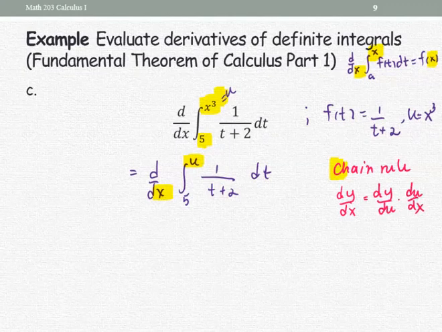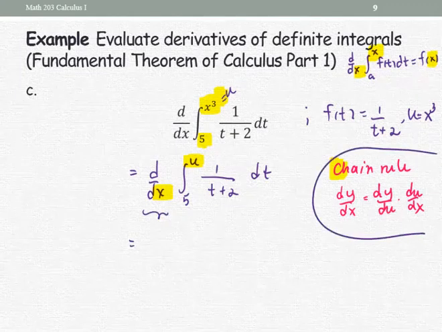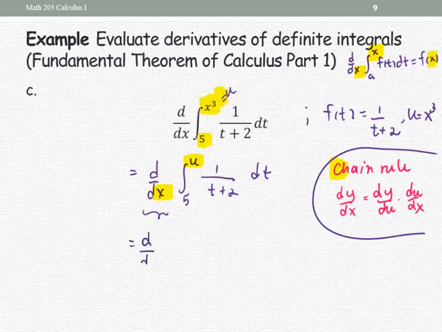So in our case, u is x to the third power. In this case, the d by dx notation, we use the chain rule formula to make it an equivalent form. So d by dx is the same as d by du of the definite integral multiplied by du by dx.